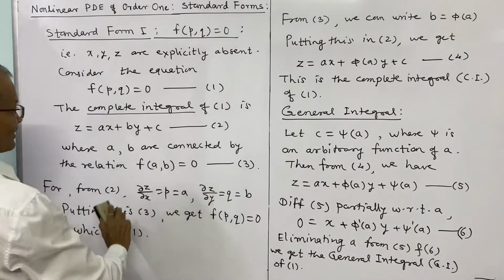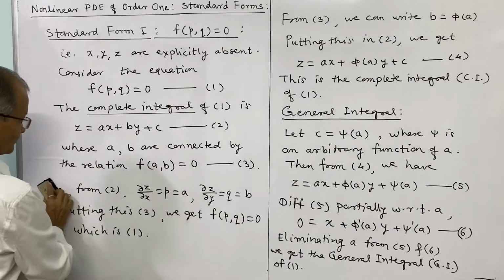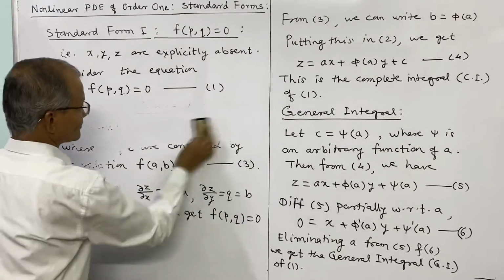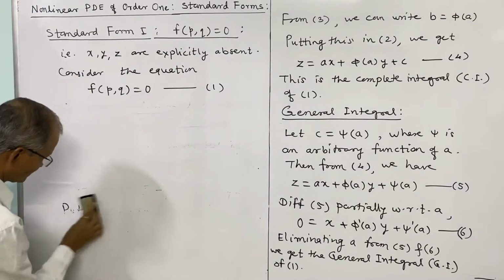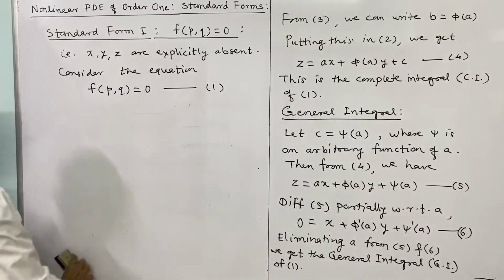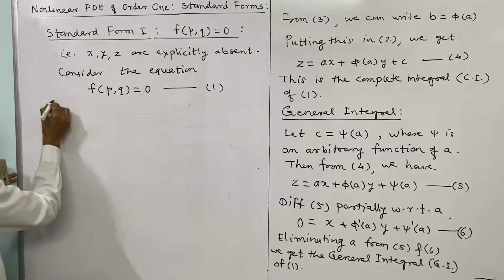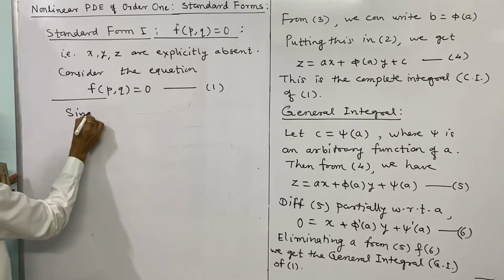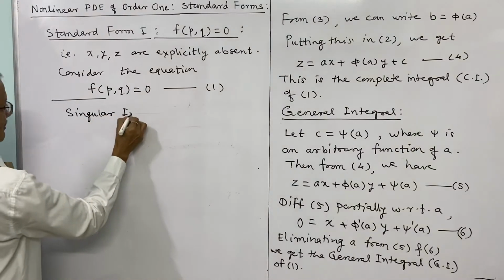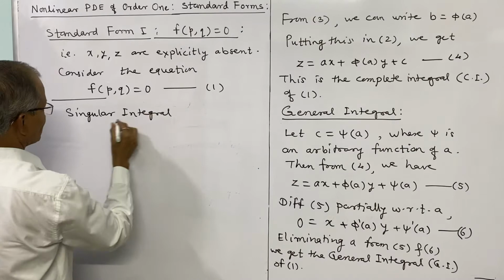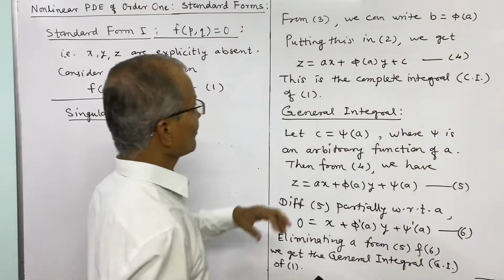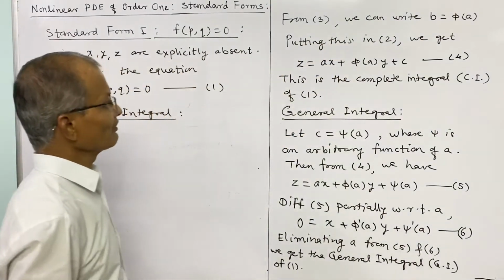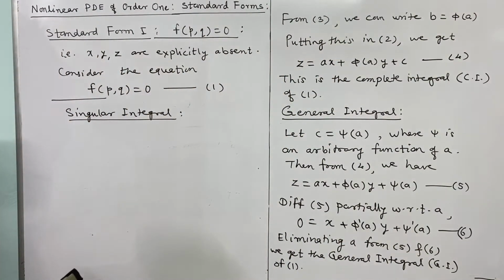We need the fourth equation. From the fourth equation, we will consider the equation as z is equal to ax plus phi of a into y plus c.